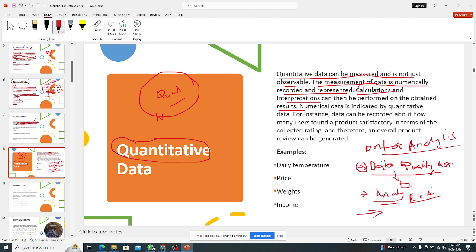Then after that, you have what we call interpretation. Now you are interpreting your findings.